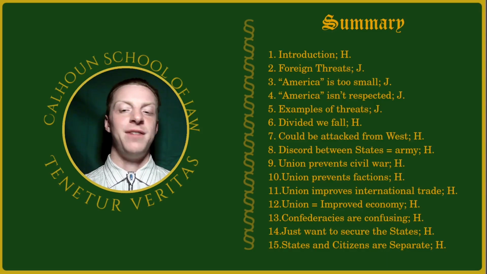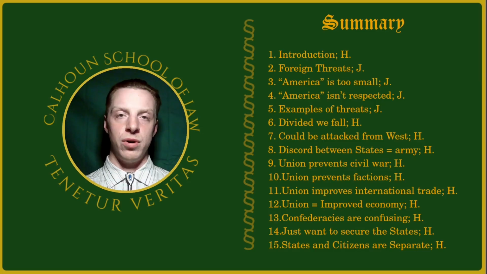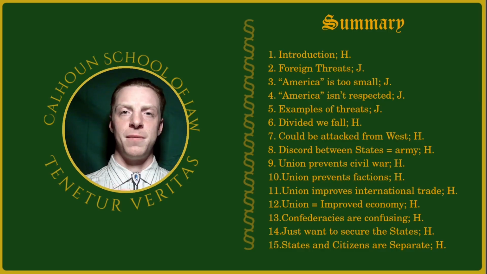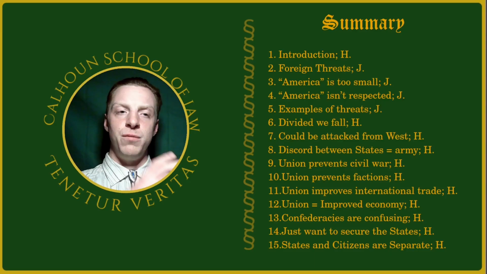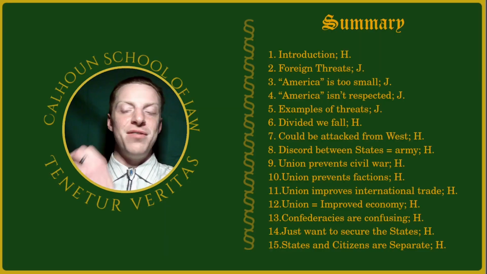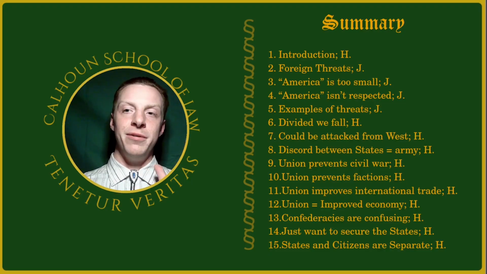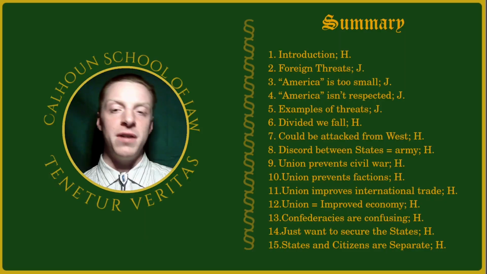So number 13, confederacies are confusing, again written by Hamilton, further honing in on this idea that if we have 3 or 4, specifically 3 or 4 is what he mentioned, segmented areas that were confederations of these 13 states. So say 4 states went in this confederacy, so you have the Southeastern Confederacy, and then you have the Midwestern Confederacy, and then you have the Mideastern Confederacy, and then maybe the Northwest or the Northeast Confederacy.